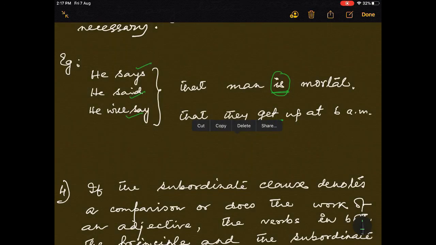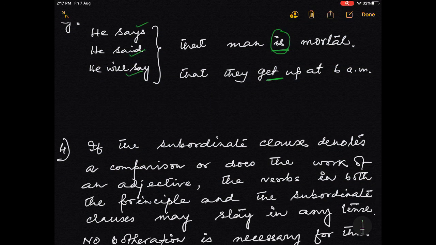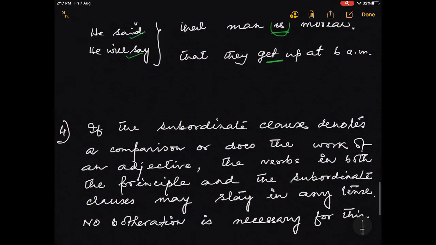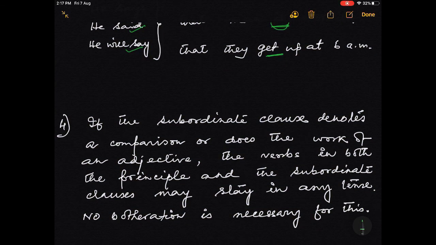Now, another small thing is there, that is under section 4 of this section, sequence of tense. This one is not so important in narration change, but it is important also in the formation of complex sentences, though they are automatically formed. I have not given so much importance to this.